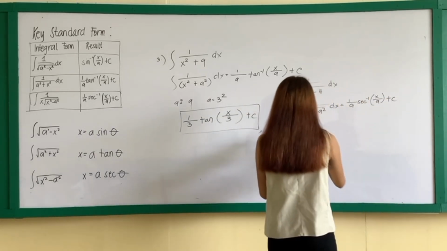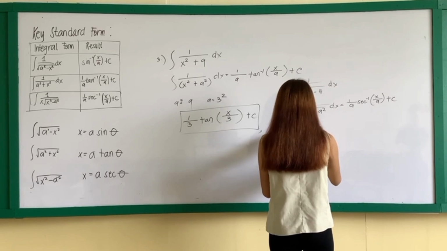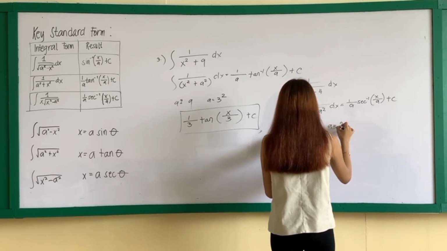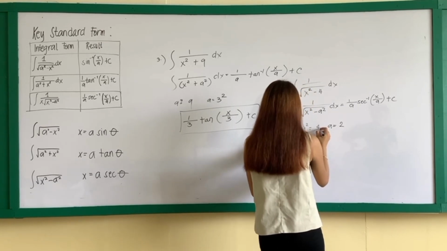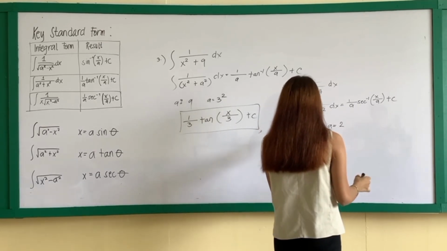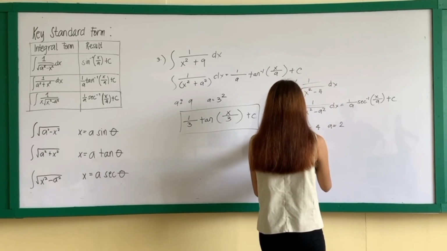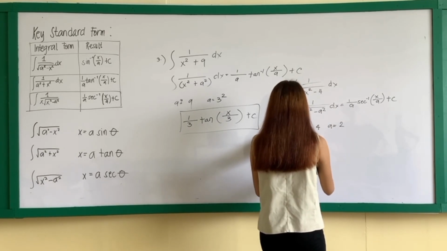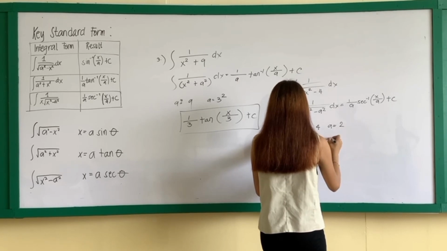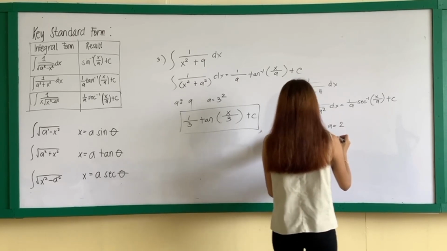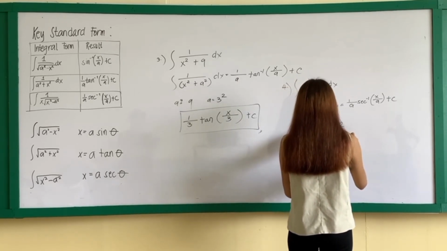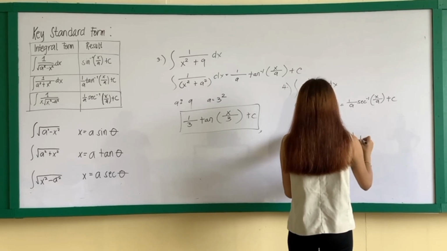And our a squared is equal to 4, so a equals 2. And our final answer is 1/2 arcsecant x over 2 plus C.